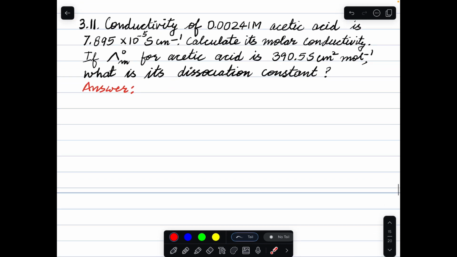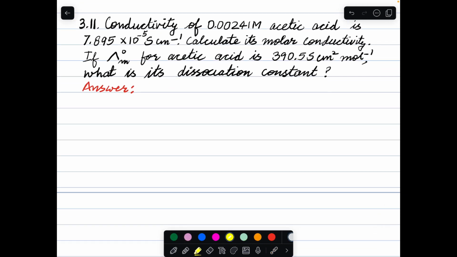Come to the very first question. When you are solving any numerical, first look into what information is given to you and note down the given information. So in the given question, first they have given you the concentration of acetic acid solution, which is a weak electrolyte. Second, the conductivity of this solution is 7.895 into 10 raised to the power minus 5 Siemens per centimeter.